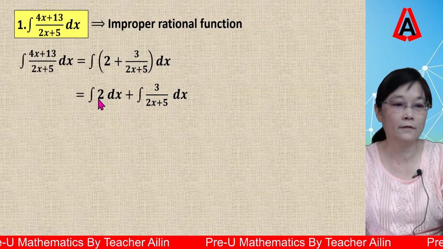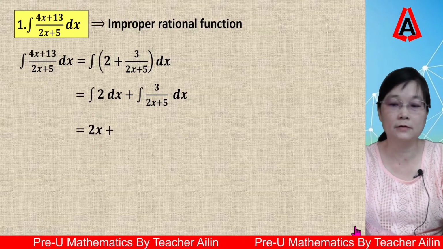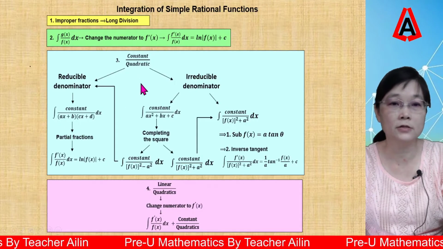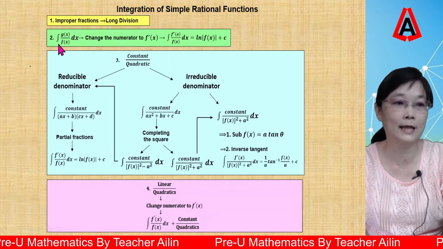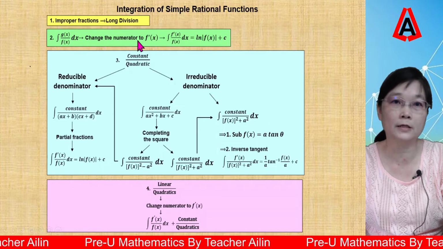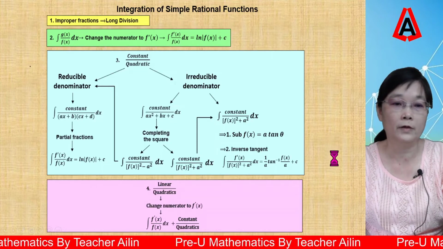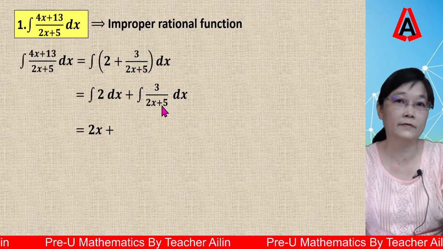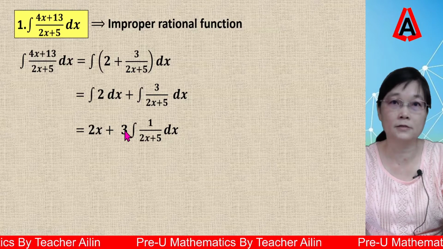As for the integration of 2, I can easily get 2x. As for this integral, when we look back at the mind map, since the rational function is not an improper rational function, then we go to the next step. Now I'm going to find out whether I'm able to change the numerator to become the derivative of the denominator. When we look at the question, the derivative of 2x plus 5 is 2. To do that, first I take out the constant 3.